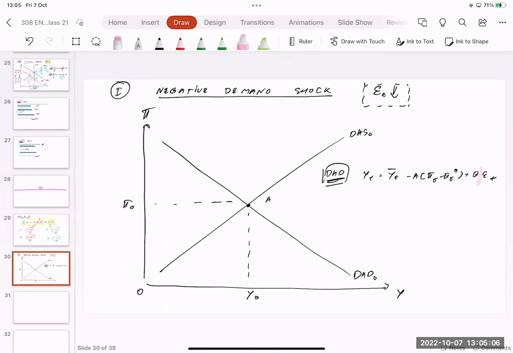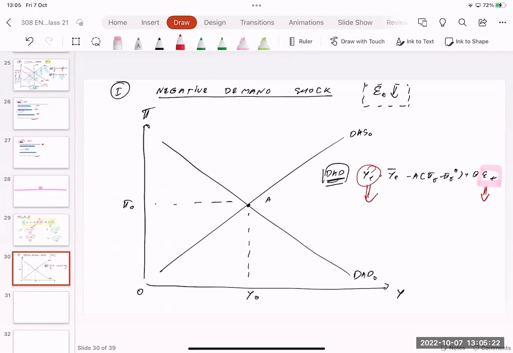When you have a negative demand shock problem, it means that epsilon_t is going to be lower. If the right side of the equation becomes lower, the left side is going to be lower.